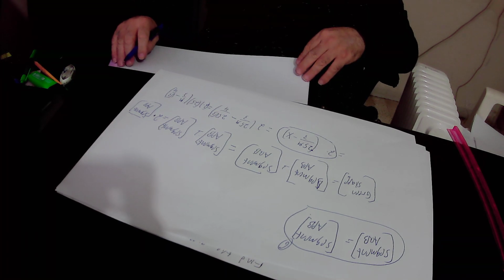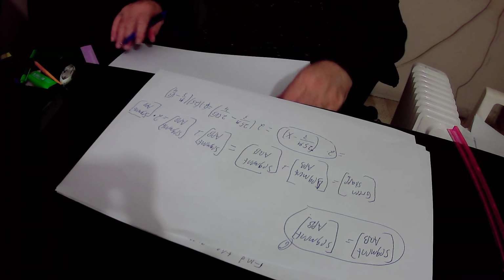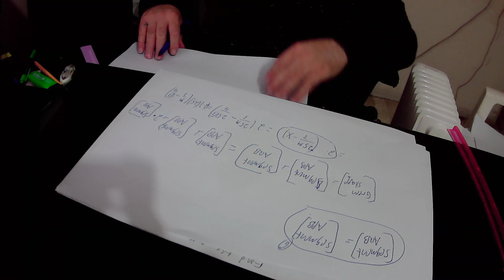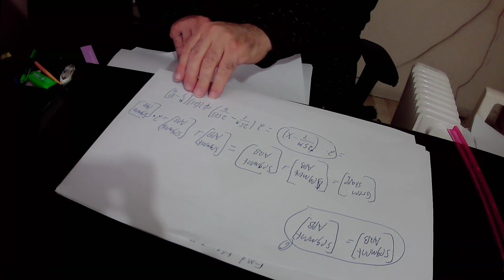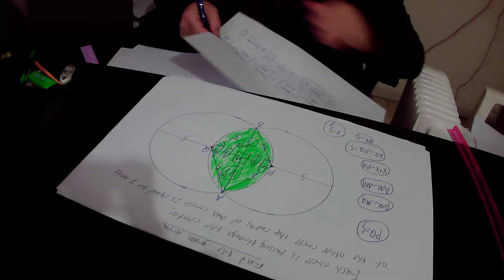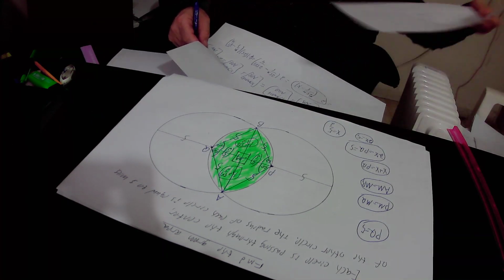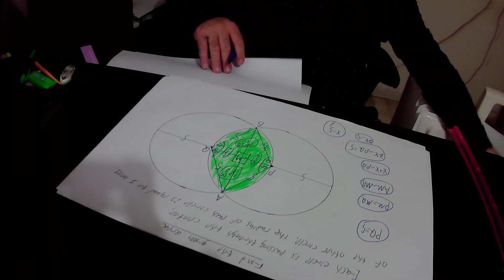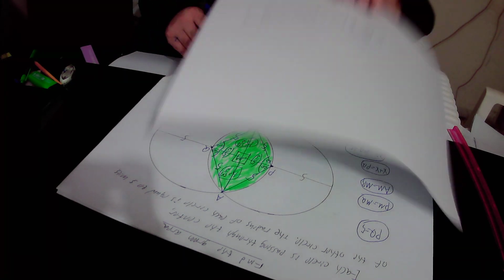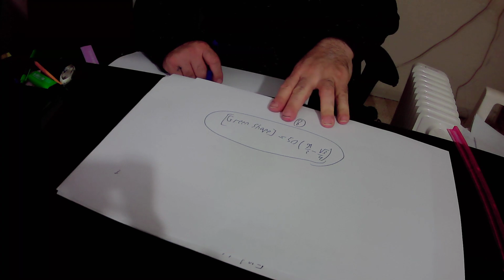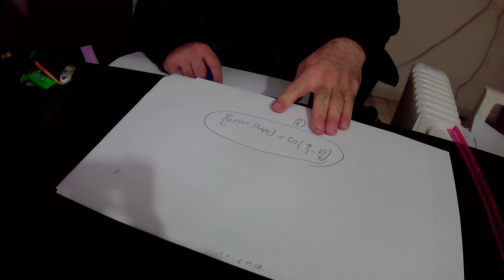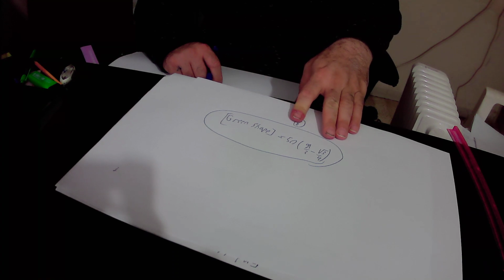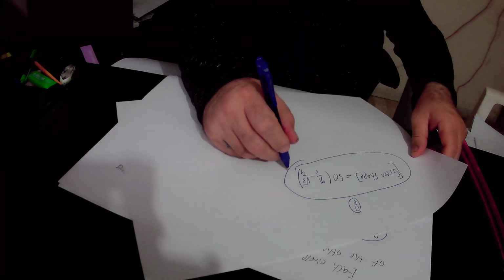I repeat again, we found that the area of the green shape equals 50 times pi over 3 minus square root of 3 over 4 square units. Okay?